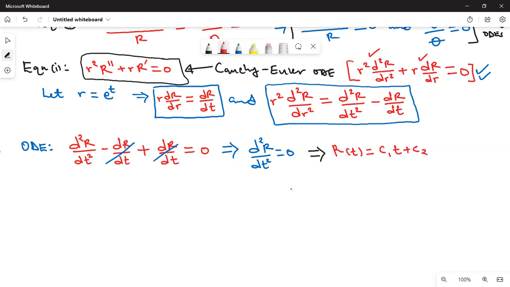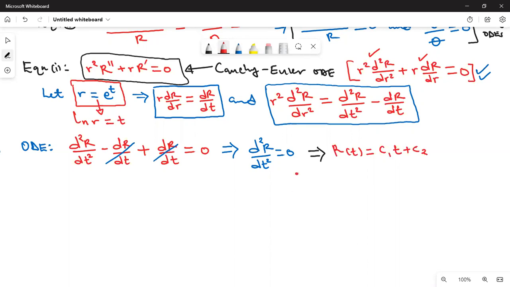C1 and C2 are arbitrary constants, but we need to replace t. What is t? Because we need to go back to a function of the small r. So from here, you realize that the natural log of r is equal to t. So where there is t, you put ln r.